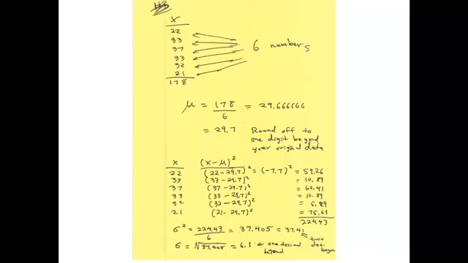The first, I do a calculation with population data. I take my random variable x and I add up all of these values. I get 178. I take the 178, and then I've got 6 values here. Count them, 6. I divide the 178 by the 6, and I get 29.6666666 forever. Everybody's question is, where do I round it off?